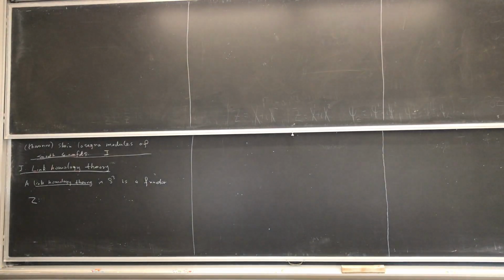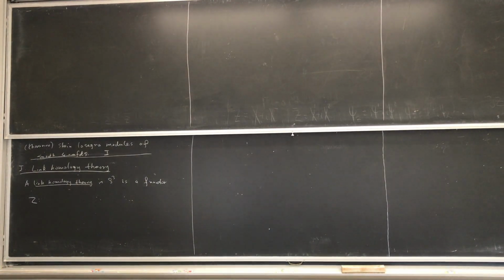Can I just ask a question before we go on to homologies and stuff? Yeah. Just as to the nature of the invariant you will get, could we get a three-dimensional analog of this? So, for example, Chern-Simons theory and quantum groups give you invariants of knots in three dimensions. Right?